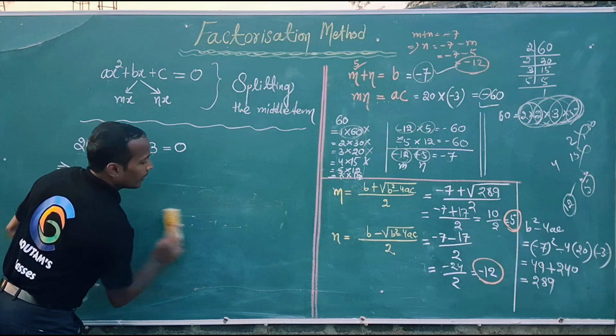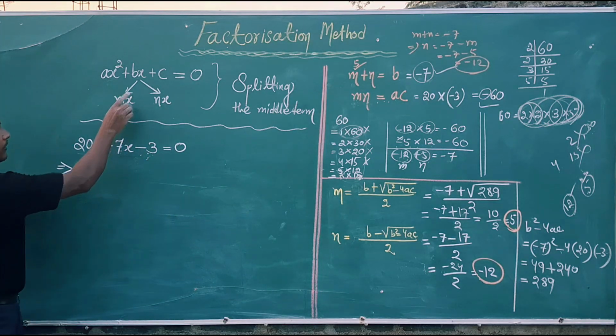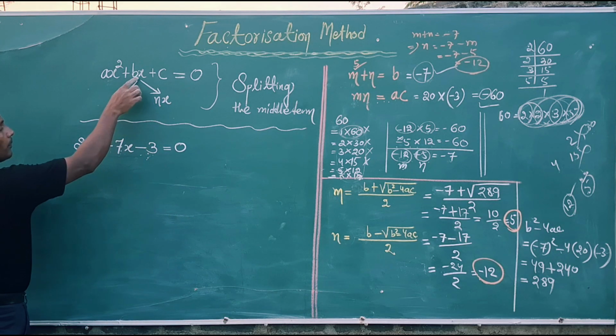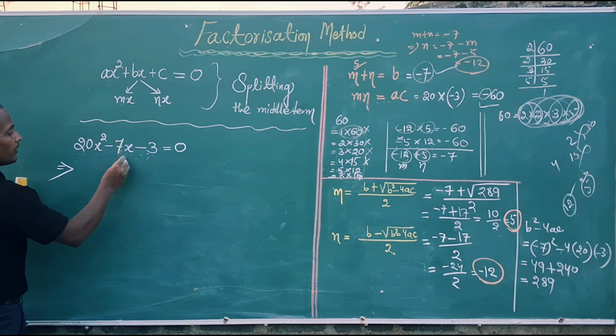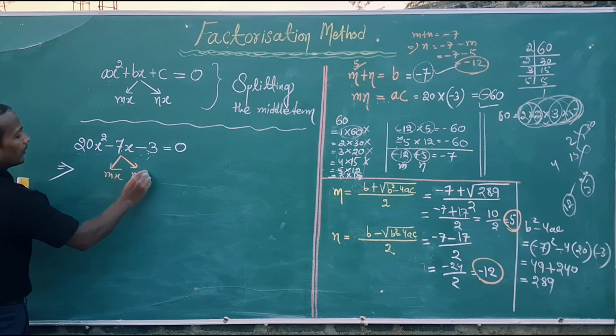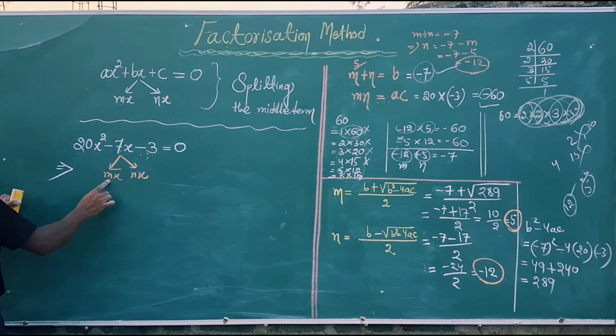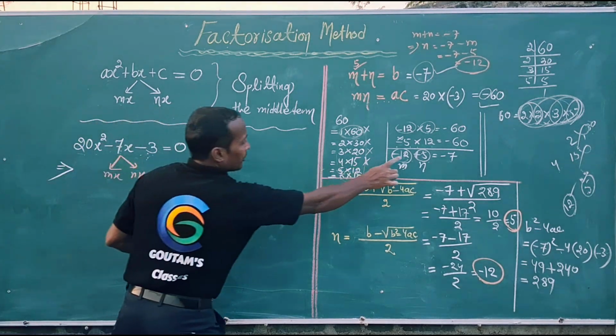We have already found the value of m and n. In place of mx and nx, now we will write: bx will be split into mx and nx, means here 7x will be split into two parts, mx and nx. So in place of mx I will write, suppose I take m as minus 12.